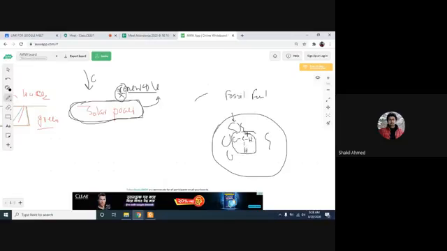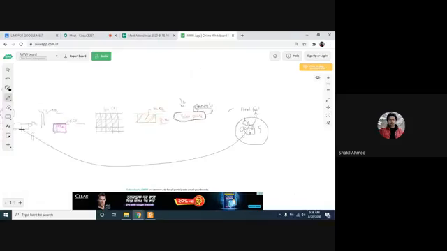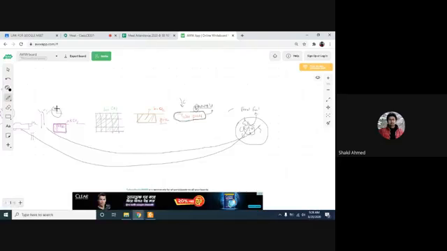This fossil fuel was entrapped in the earth for millions of years, and now you are extracting it and using it in your car and your industry, and you're releasing this carbon dioxide into the atmosphere. This carbon was entrapped in the earth, and now you're emitting it to the atmosphere.